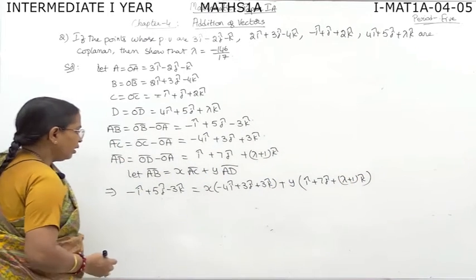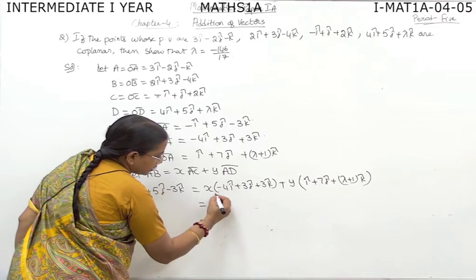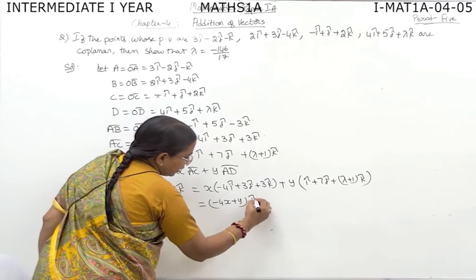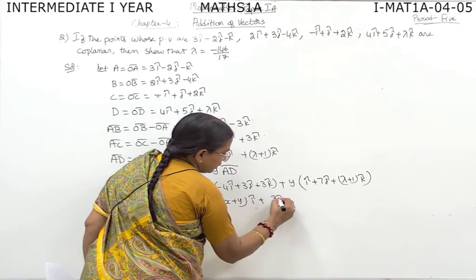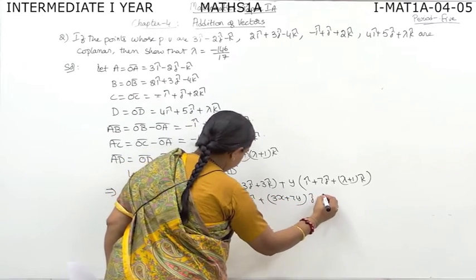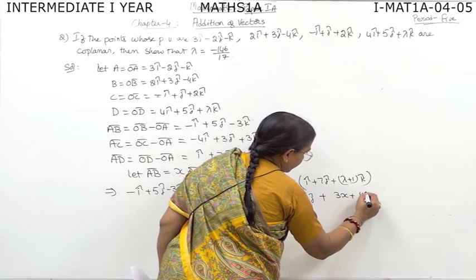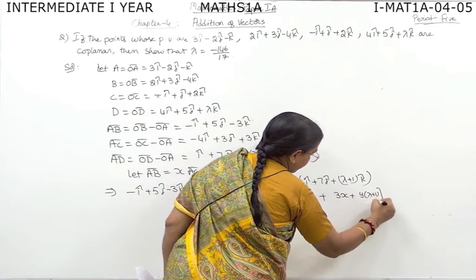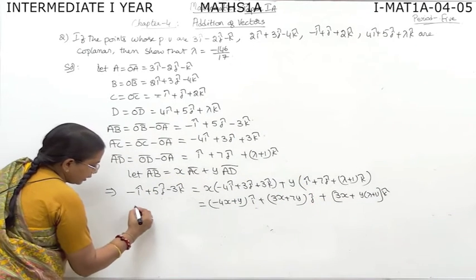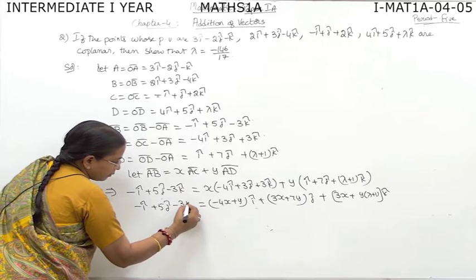Now take the common terms: minus 4x plus y into i, plus 3x plus 7y into j, plus 3x plus y into lambda plus 1 into k. When you group the terms, you get like this, equal to minus i plus 5j minus 3k.